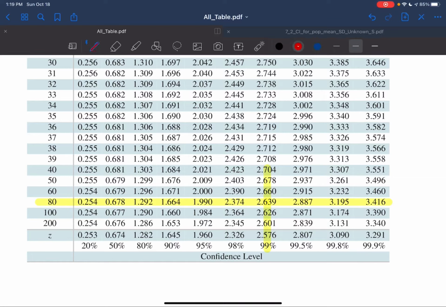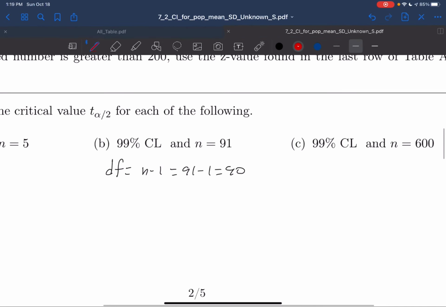And they intersect at 2.639. So that's going to be our critical value. So here, our critical value is going to be 2.639.